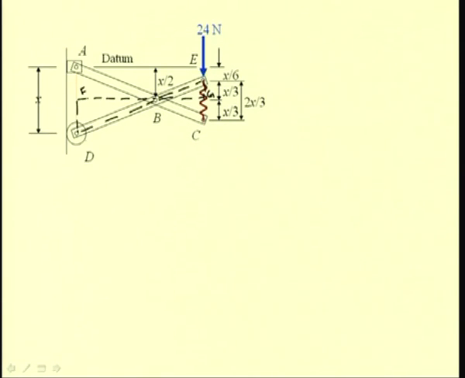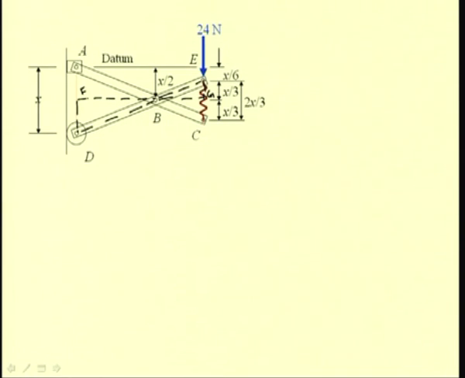So, from the triangles DBF and the triangle BEG, knowing these distances, that is DB and BE, and also these distances, that is FD, which is x by 2, this distance can be determined, that is EG can be determined.